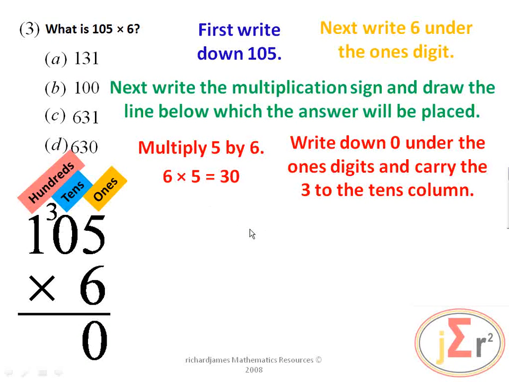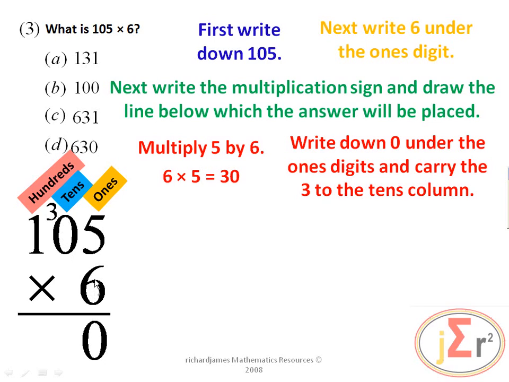What do we do next? Okay, so what we are required to do is 6 times 0. What do we get when we multiply 0 by 6?